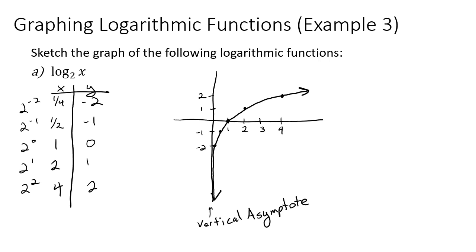This shape is called logarithmic growth. And logarithmic growth is truly the inverse of exponential growth. Exponential growth starts off slow and then speeds up as you go. Logarithmic growth starts off fast and slows down as you go, for a shape that looks like this.